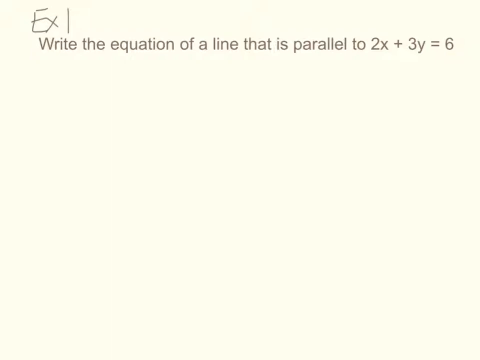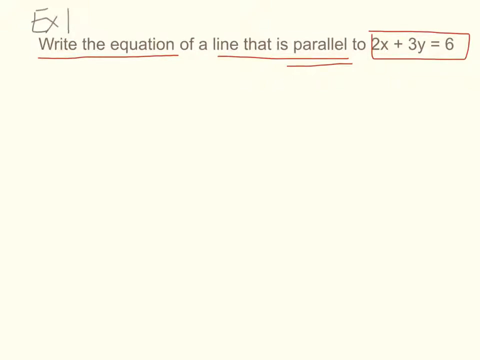Okay, this is a multi-step problem. The first thing I notice is that they want me to write the equation of a line. They don't say what form, so any form is fine. And they also say that the line has to be parallel to 2x plus 3y equals 6.